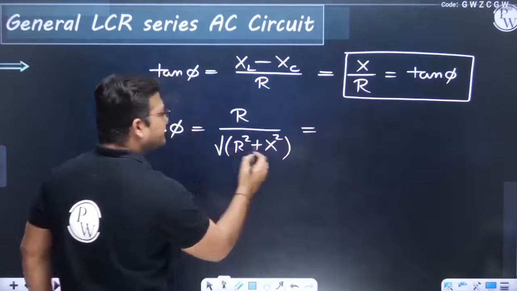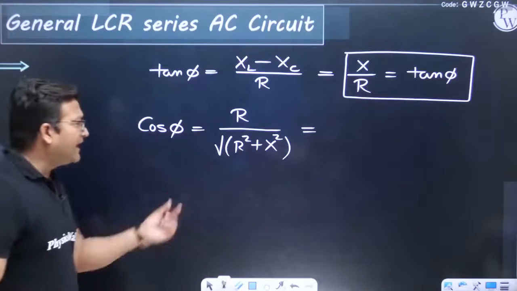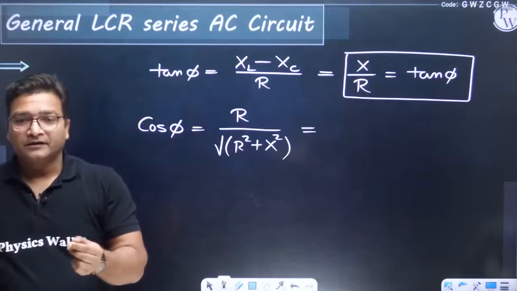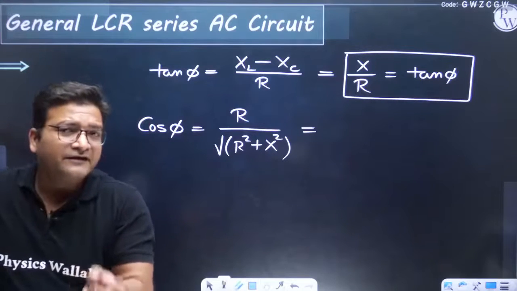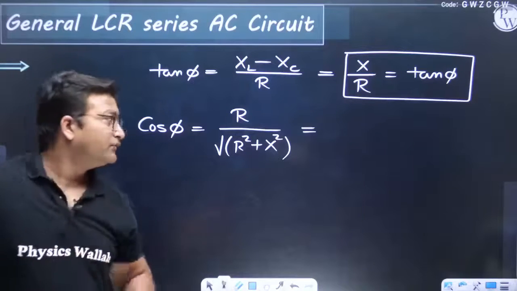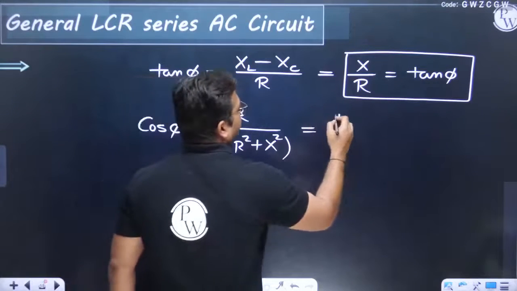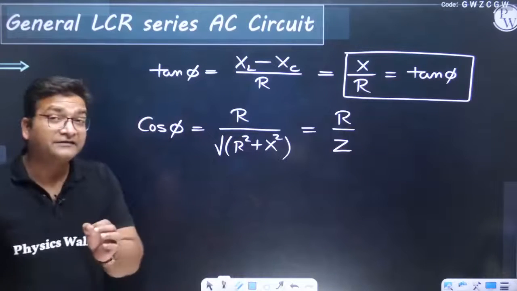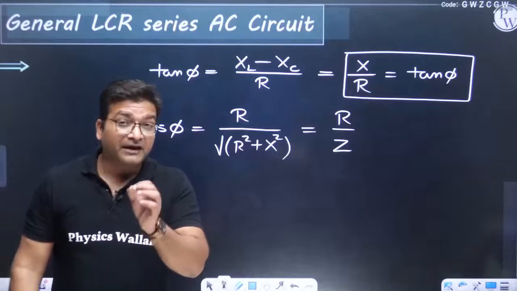So actually this denominator is the net effective resistance offered to AC current by all three of them. So this is called R by Z. Z is given the name impedance.